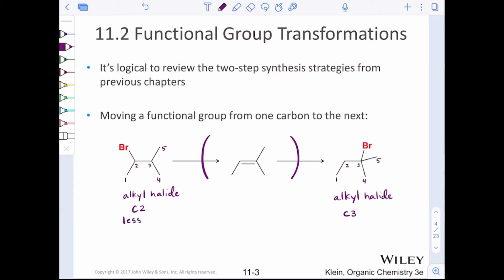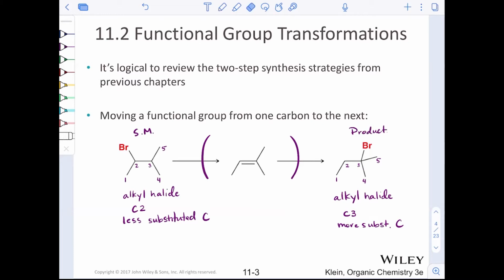On a less substituted carbon to a more substituted carbon. The more specific you can be in your descriptions, the better you will be able to recall the steps necessary in order to convert the alkyl halide starting material to the desired alkyl halide product.